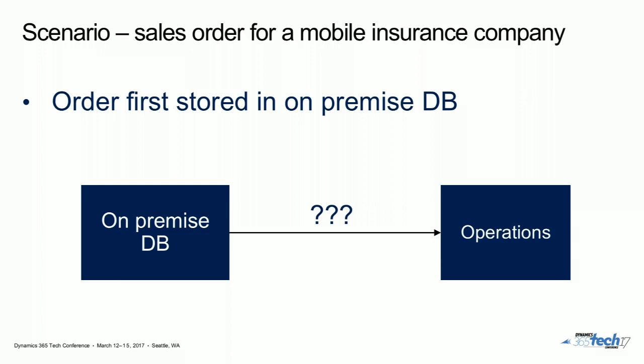So the volume is really high because they cater to all the mobile carriers. So they want these orders in operations. So what do you think the pattern should be here?